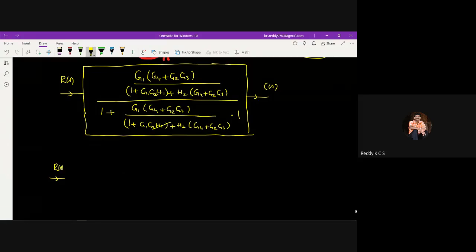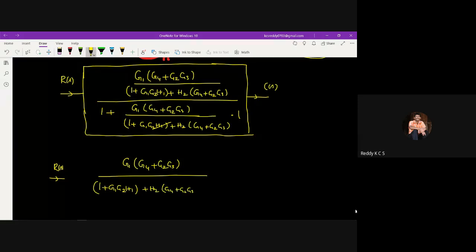So I'll write in a single term: G1 into G4 plus G2 G3, divided by, because this will be cancelled out if I take the LCM, 1 plus G1 G2 H1 plus H2 into G4 plus G2 G3 plus G1 into G4 plus G2 G3.